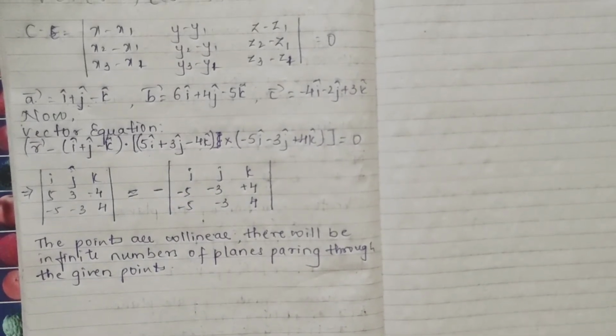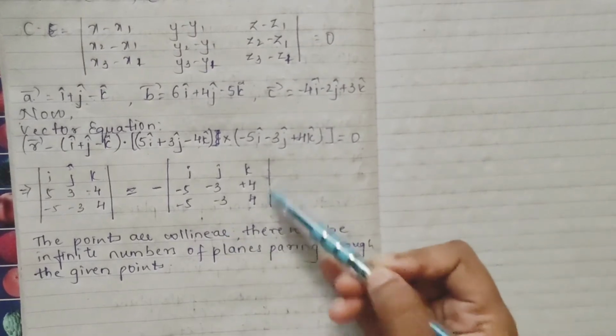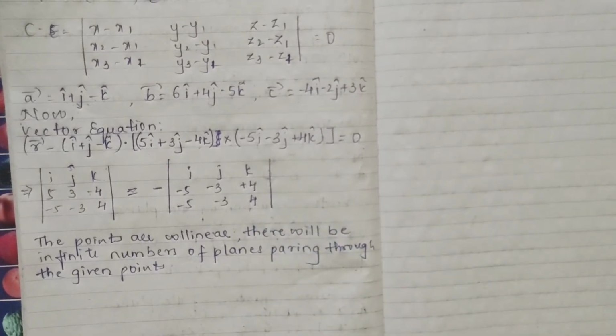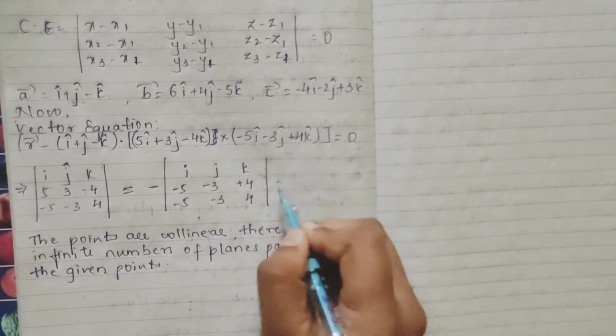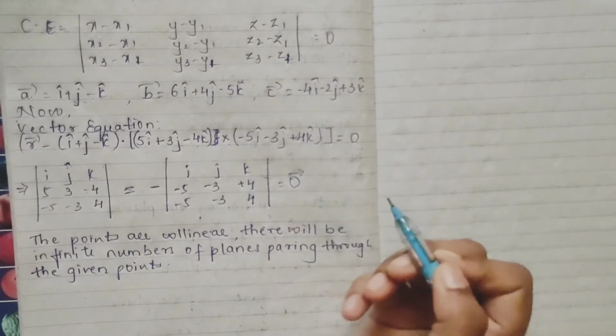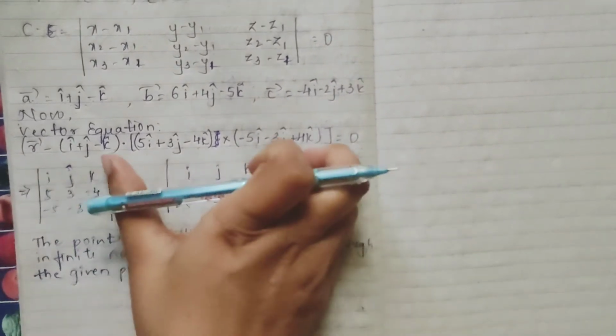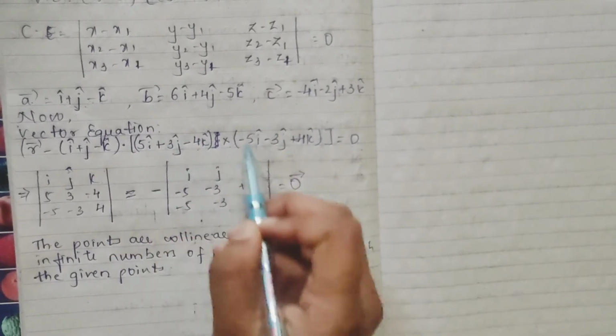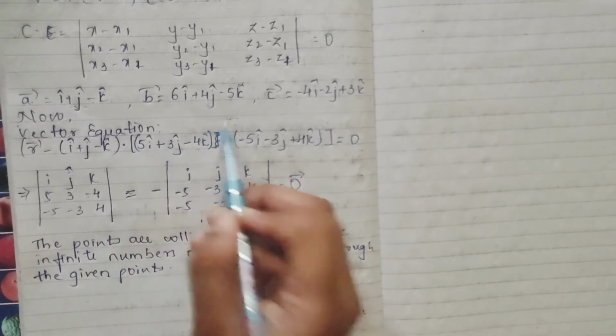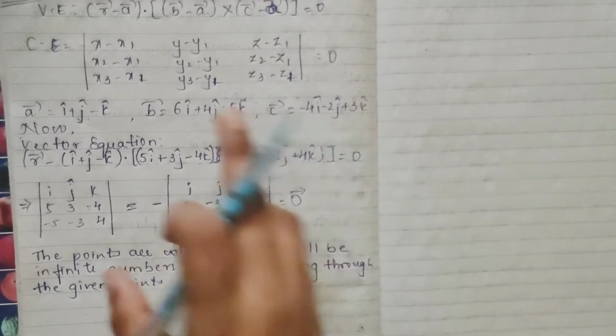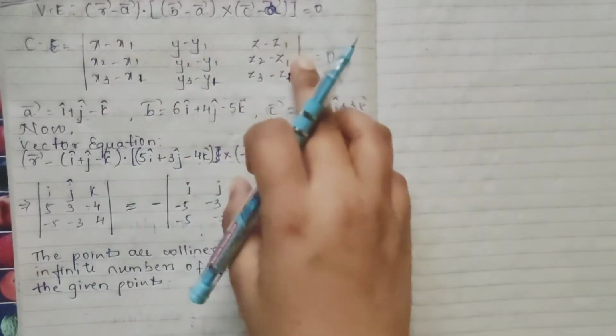So whenever there is a property, if any two rows or any two columns are equal, then its determinant you will get as 0. So you will get a zero vector. For your vector equation, if your vector product itself is 0, then anything you multiply you will get 0. Even for the Cartesian equation, if you substitute everything you will get 0.